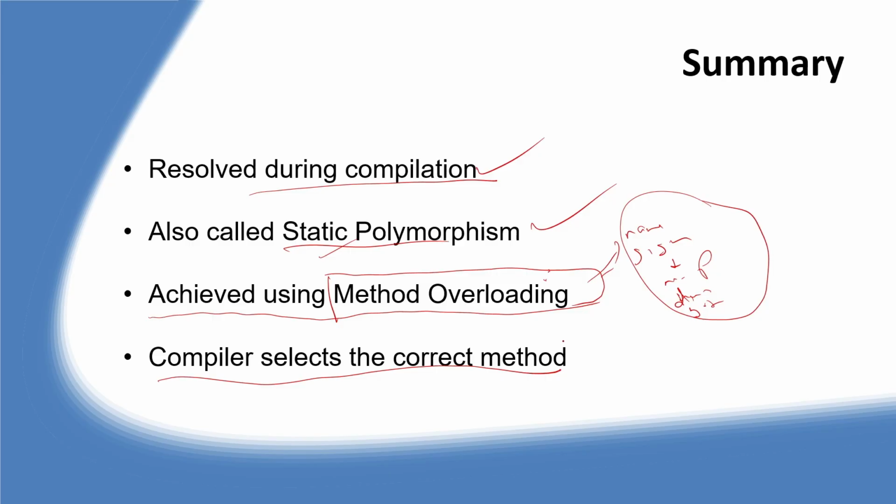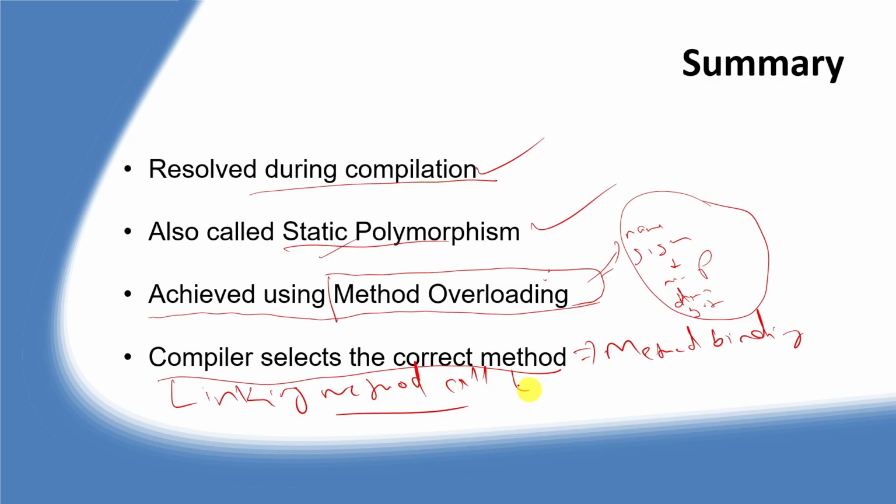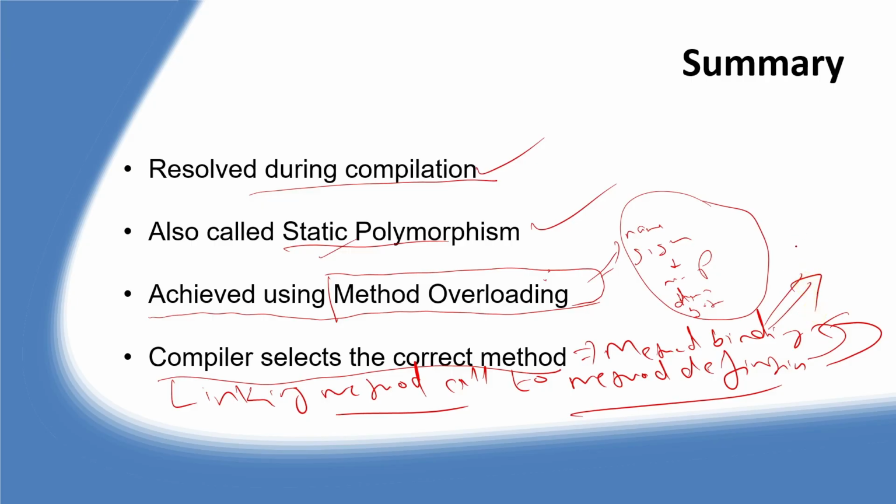That is method binding: linking the method call to the method definition. If you understand what a method call is and what a method definition is, then it is very easy. This process is called method binding, and it happens during compile time. That's why we call it compile time polymorphism.